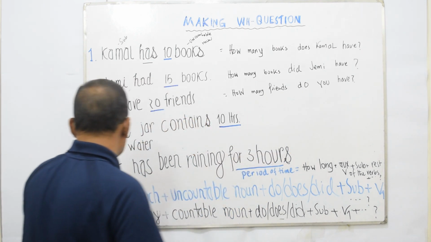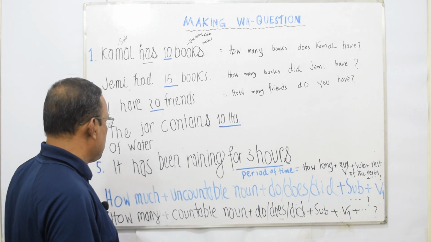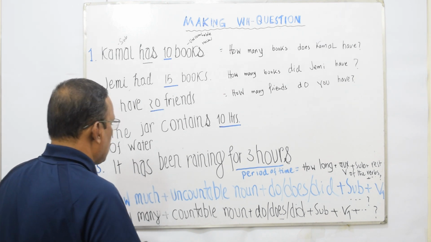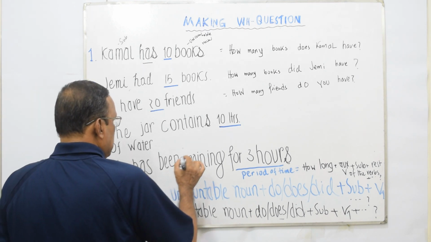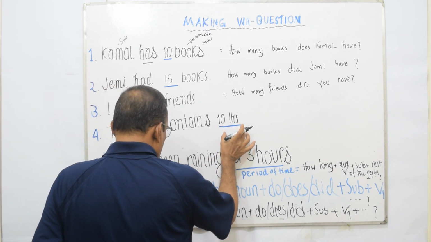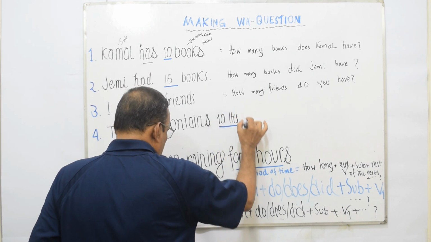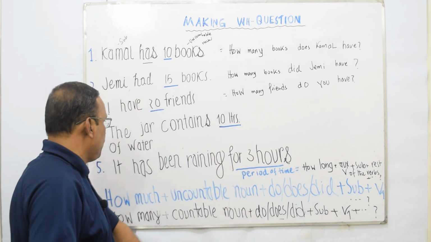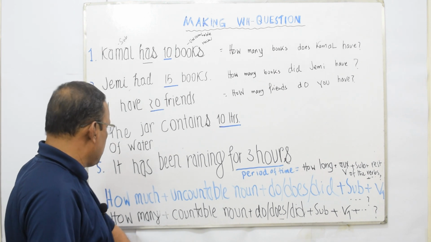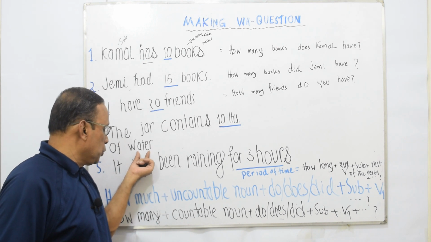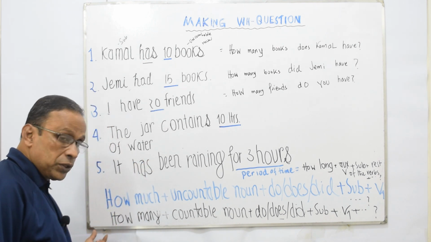Our next sentence is, the jar contains 10 liters of water. This is an amount of liquid. So this water is an uncountable noun, and we can't use the structure we used earlier.